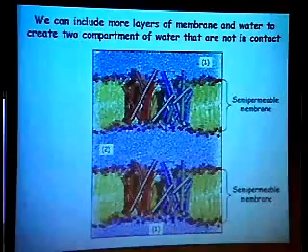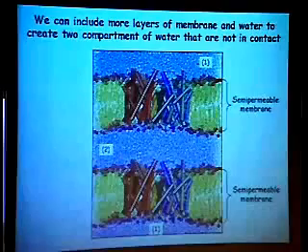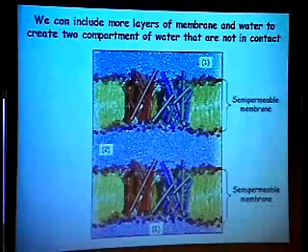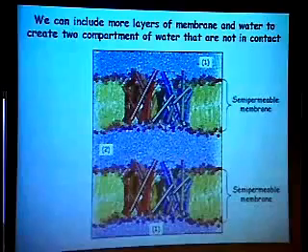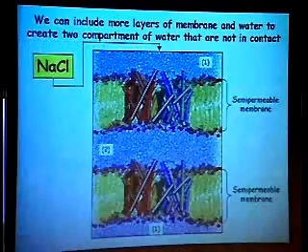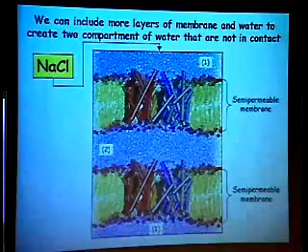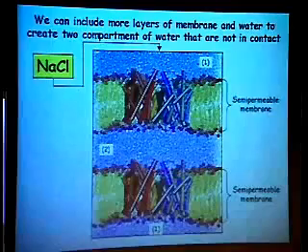So now we'll have 2 layers of lipid or semi-permeable membrane, and then we will have 2 different compartments of water, which are completely separated. And then we can add salt to one of them. Now what do you think would happen if we do this and run it for 100 nanoseconds? Yes.